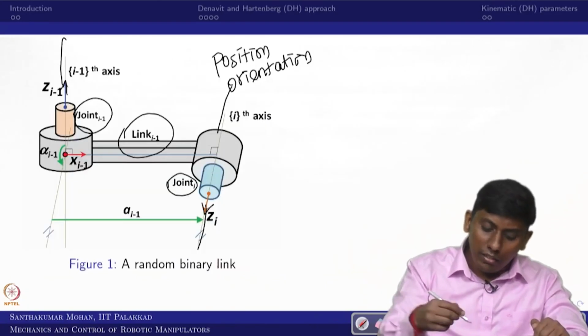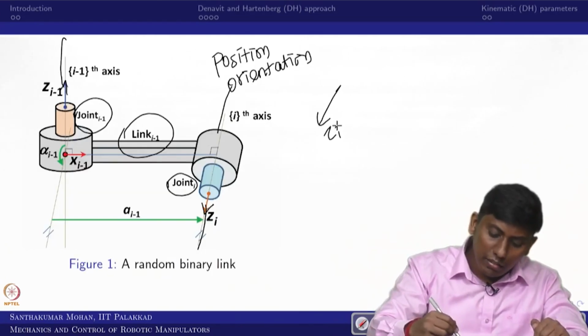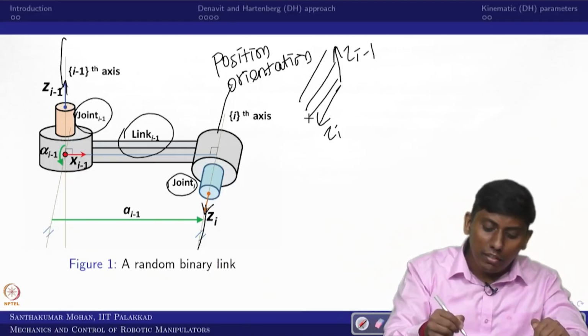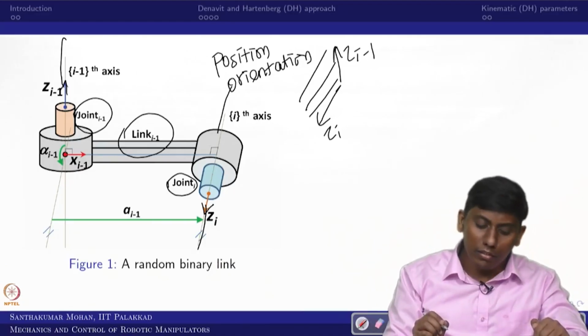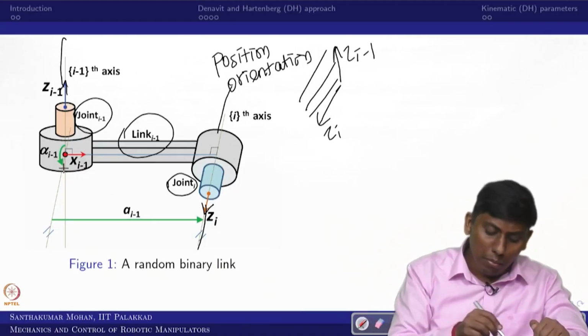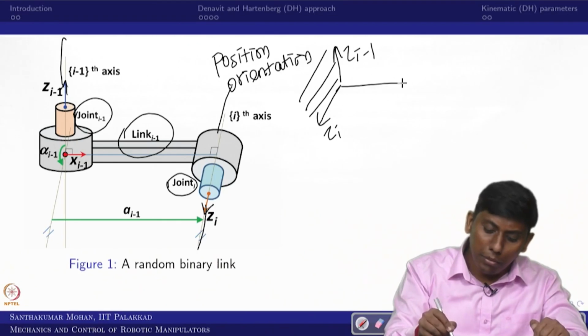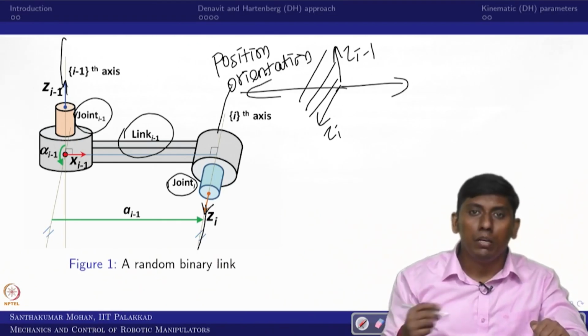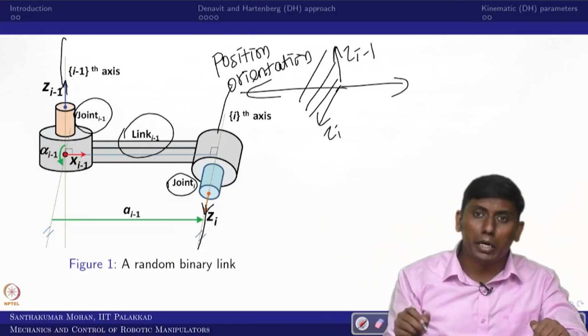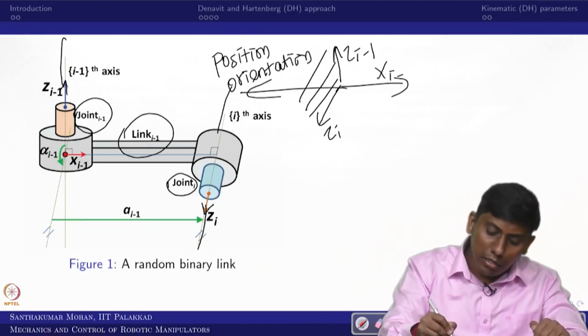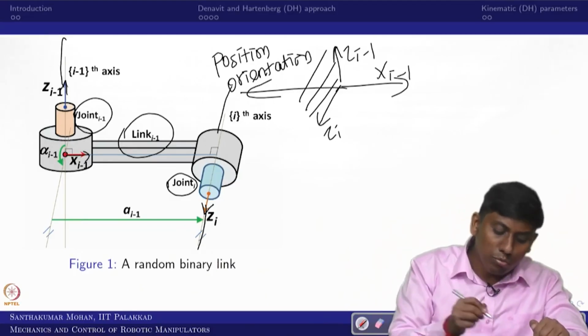So you can see that zi and zi minus 1 make a plane here. Now the intersection does not directly happen, but you can draw the perpendicular line, which would go either inside or outside. For betterment, because the link is propagating this side, I am taking xi minus 1 here.